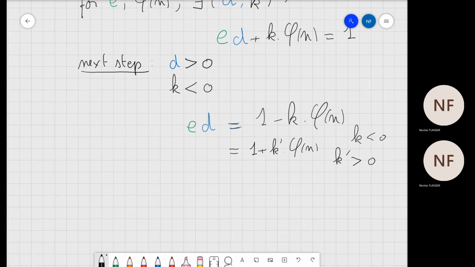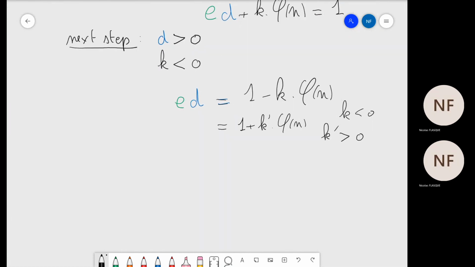Once we have that, we can use the fundamental theorem of RSA.